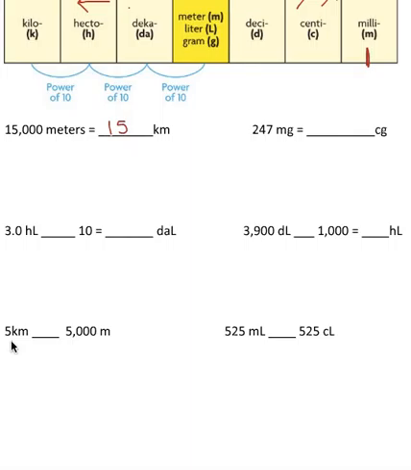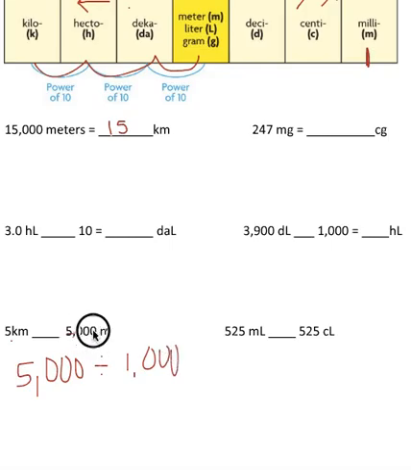I'm just going to turn meters into kilometers. If I'm going from meters to kilometers, I'm moving to the left 3 times, which is 1,000. So I need to take 5,000 and divide by 1,000. I know that 5,000 divided by 1,000 is 5.